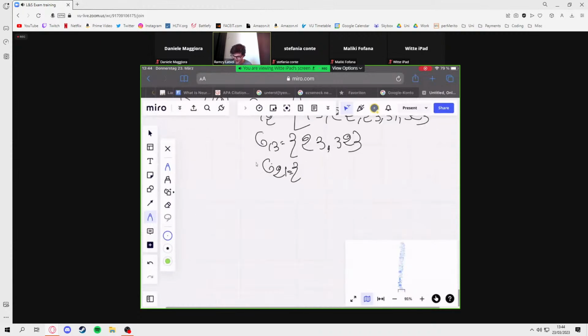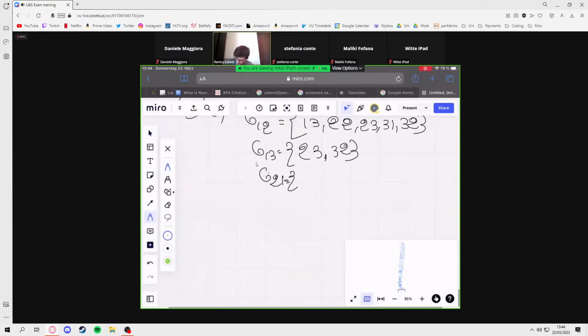It's getting too big. Okay, 13, 22, 23, 21, 22. By the way, I keep saying 13 and 22, but that's just for myself. These are states, of course. There's 1 and 3, 2, 2, of course. I hope that I didn't get you confused there. 23.